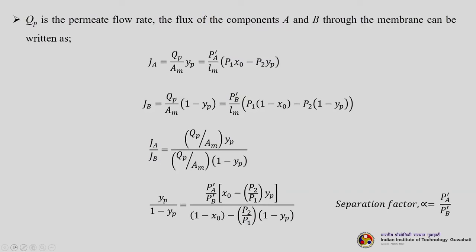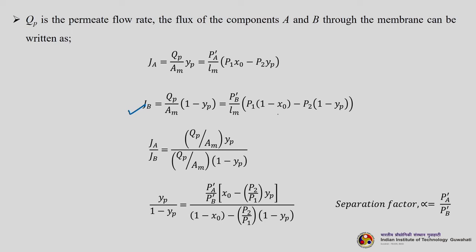So, Qp is the permeate flow rate, and the flux of the components A and B through the membrane we can write in terms of the flux. So, Ja equals Qp by Am into Yp, which is Pa dash by Lm into (P1 X naught minus P2 Yp). Similarly, we can write for Jb, the flux of B: Qp by Am, the flow rate by area, into 1 minus the mole fraction of component A on the permeate side.